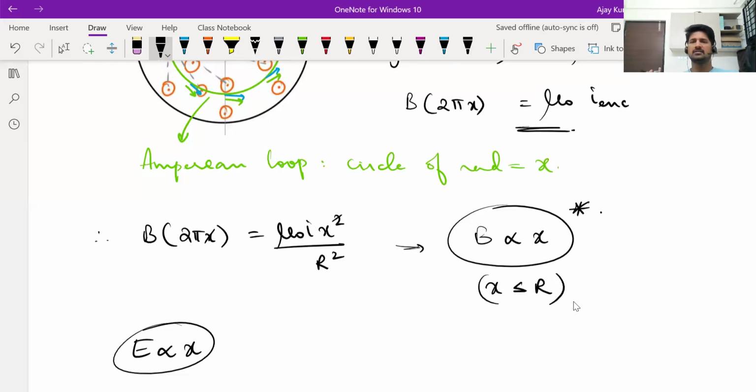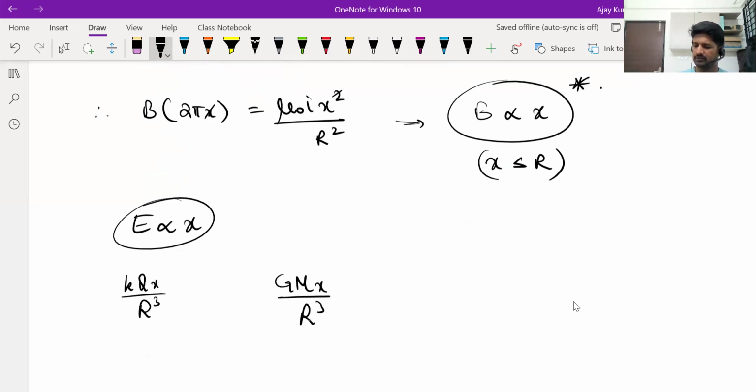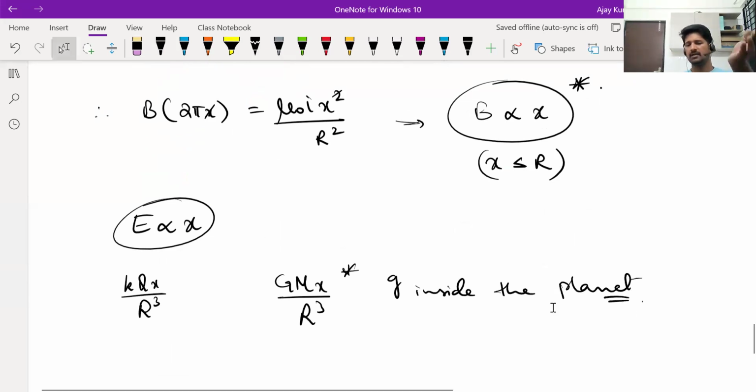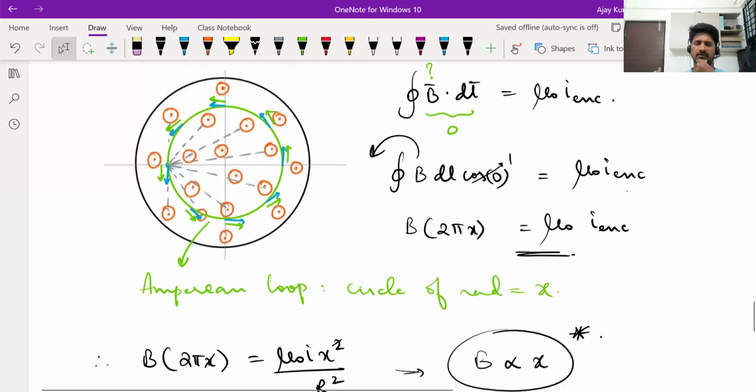A uniformly charged solid sphere. Inside the sphere, the field will be proportional to x. If I remember correctly, it is kqx by r cube. In gravitation, it is GMx by r cube. We use this for gravitation inside the planet. So in magnetism, if you want a magnetic field proportional to the distance from a point or an axis, this kind of system can help you produce that.